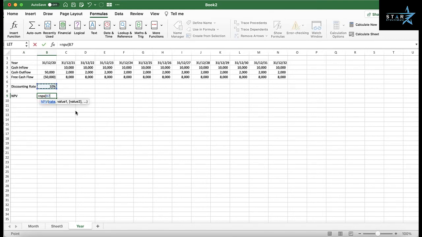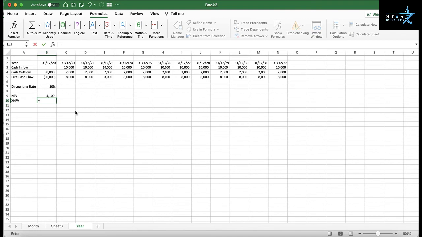NPV asks for the rate. Now I'm not going to divide by 12 because this is yearly cash flow and this discounting rate is also a yearly discounting rate. And then I'm going to select the entire free cash flow, and I get $4,100 as my net present value. Now let's look at XNPV.